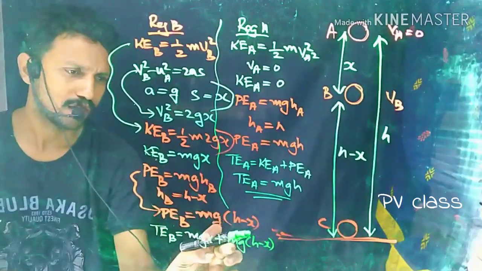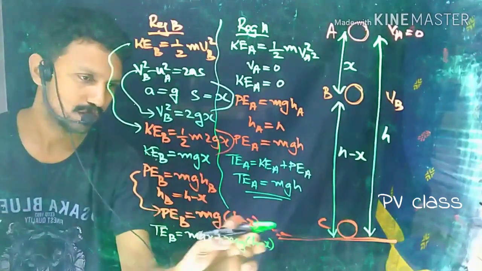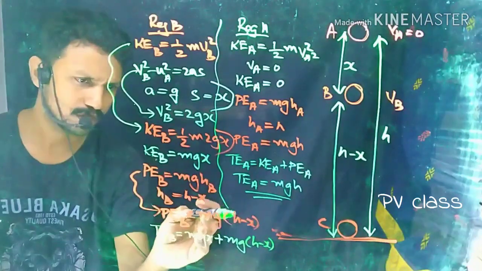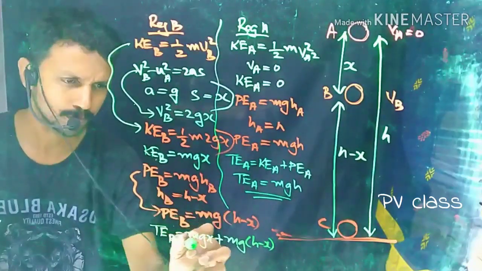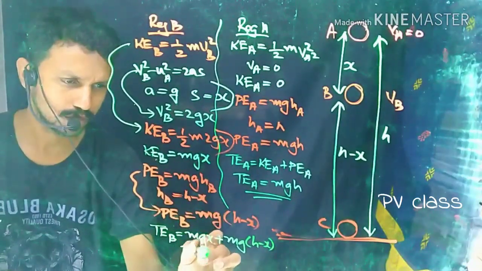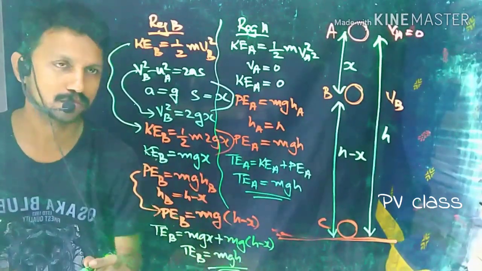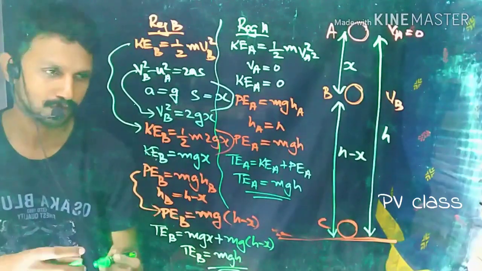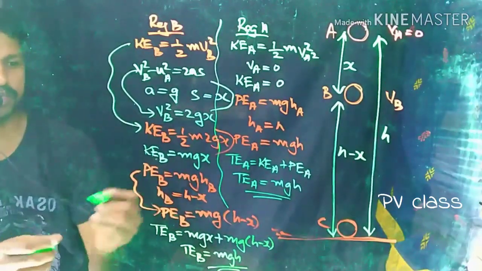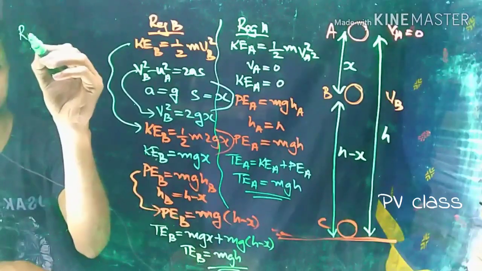Expanding this bracket, we will have mgh minus mgx, and this minus mgx and this mgx will get cancelled. Total energy at region B then will become mgh.